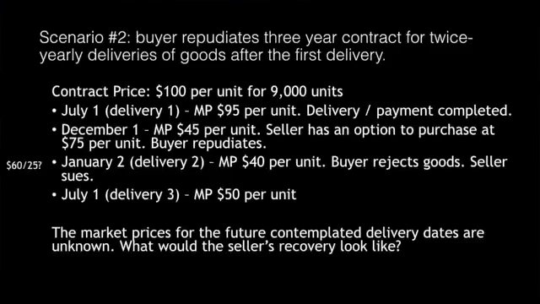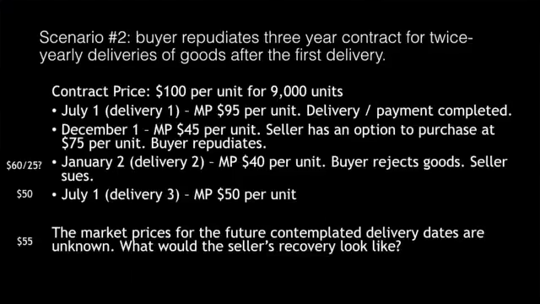Some courts would limit seller's recovery here because with his option contract, he had hedged the risk of a declining market price. But in the third delivery, where there was no forward contract under 2-708(1), the seller would be able to recover $50 per unit, the $100 contract price minus the $50 market price.